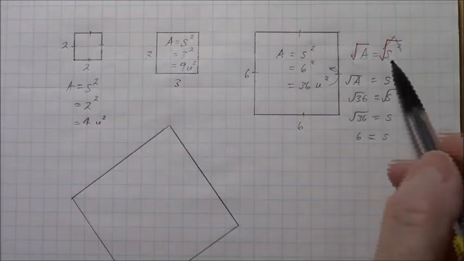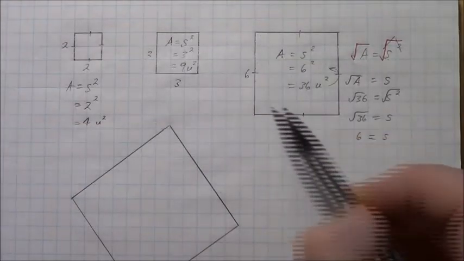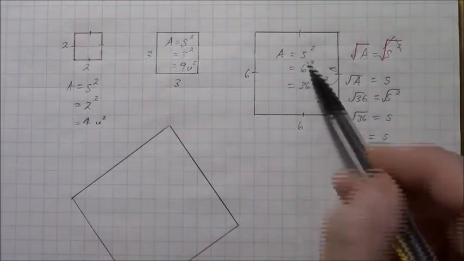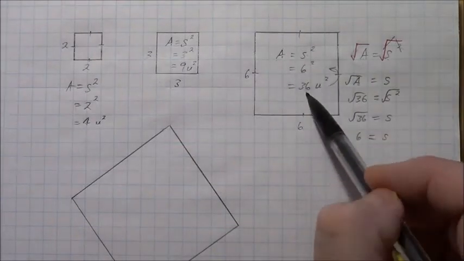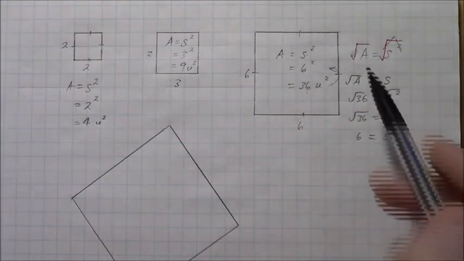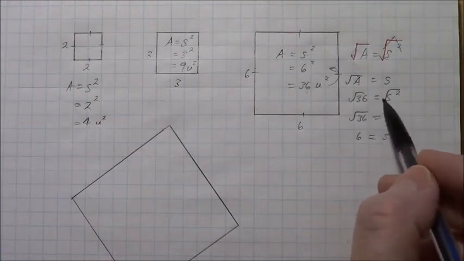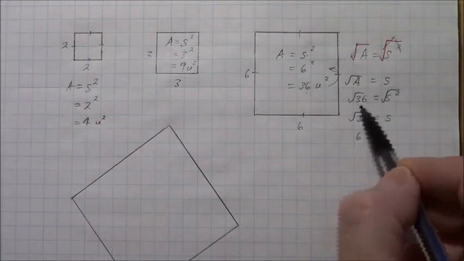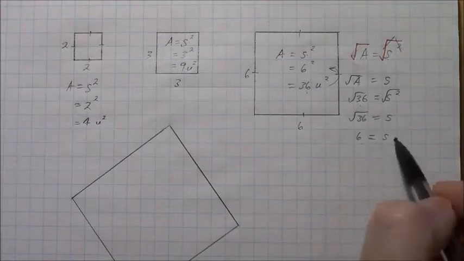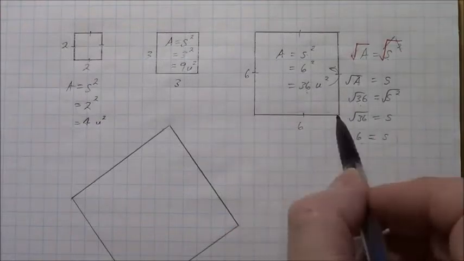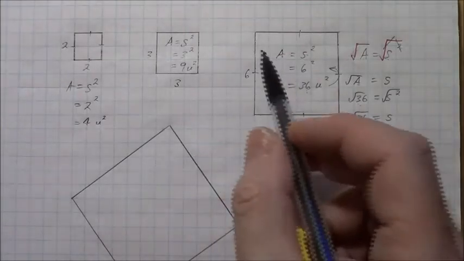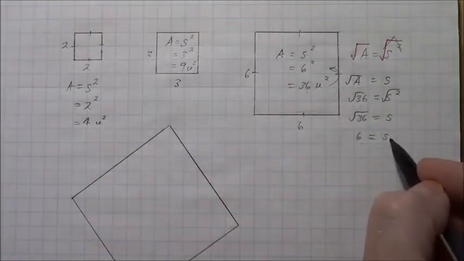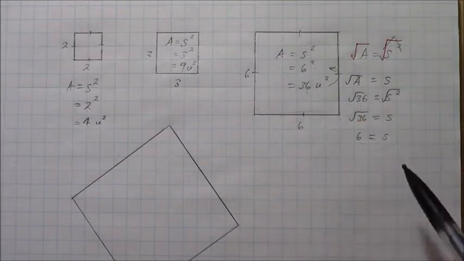Okay, so we've gone from knowing the side lengths and finding the area of the whole square. Now if we're given the area of the square, we can back it up and find the side length of this square, so the dimensions of the square in this case would be 6 by 6.